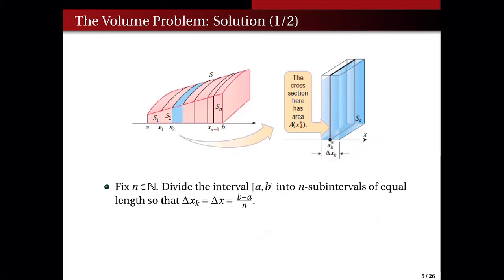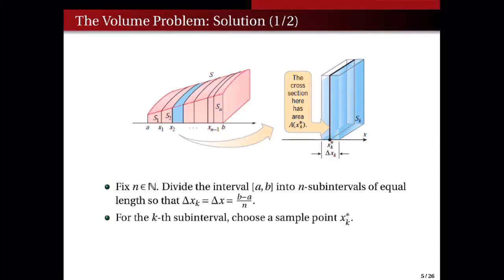So our delta x will just be (b minus a) over n, and the kth slab will have thickness delta x sub k, which is the same as delta x because the subdivision is of equal length.